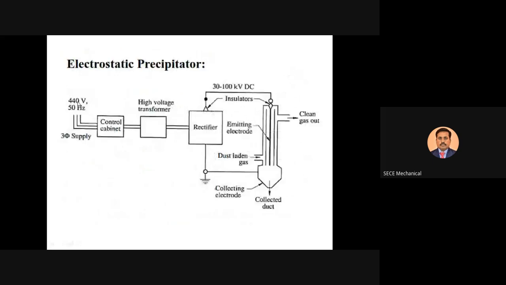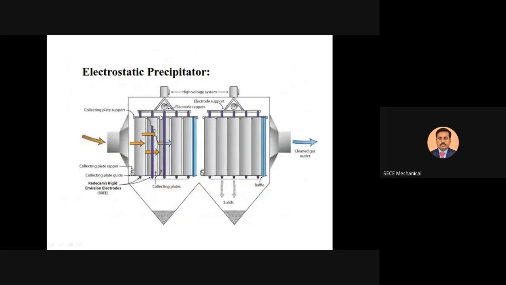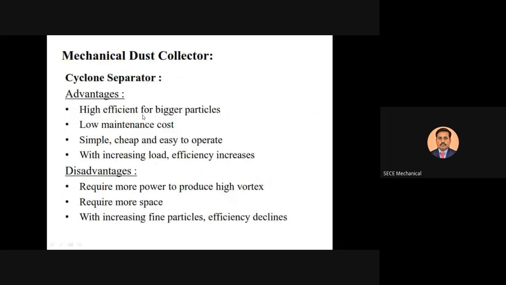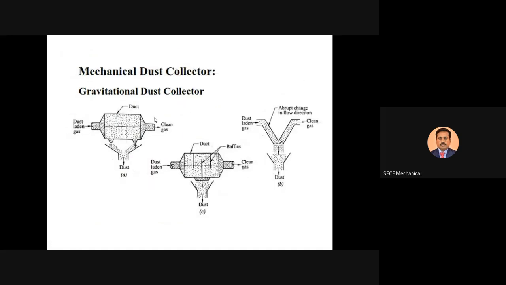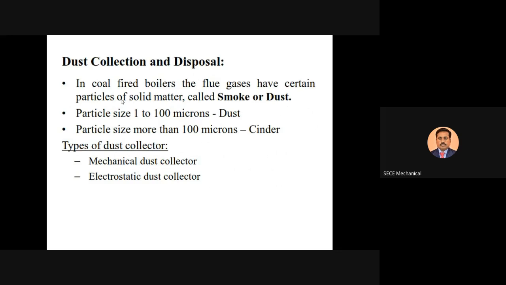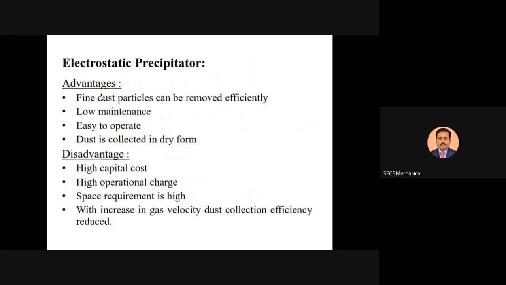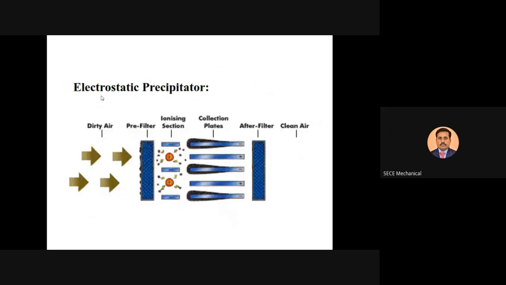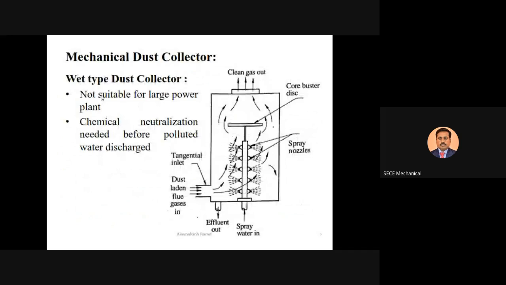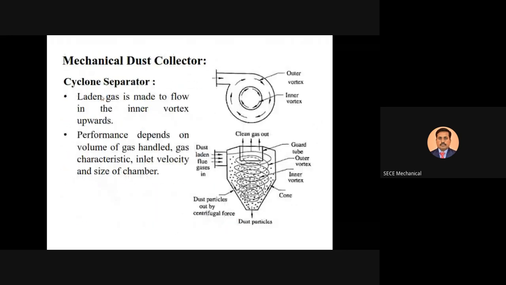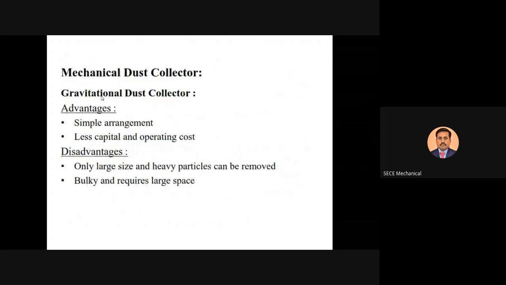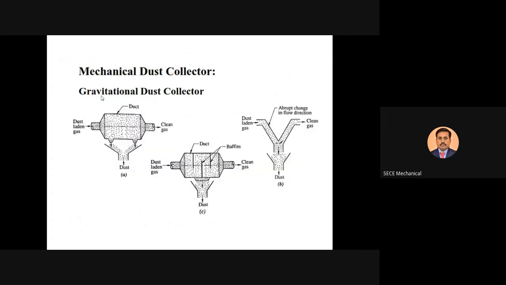All right, the remaining topic is cyclone separator and dust collector. Everything we are going to discuss in tomorrow's class. That's all for now. If you have any questions you can ask. Next class we will discuss what is meant by electrostatic precipitator, what is meant by cyclone separator, how the cyclone separator works, and what the advantages of dust collectors are.